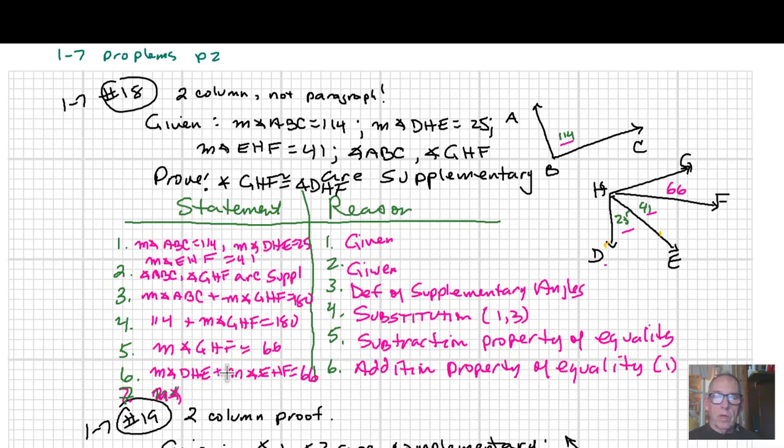Measure of angle DHE plus measure of angle EHF equals measure of angle DHF. That's angle addition postulate.